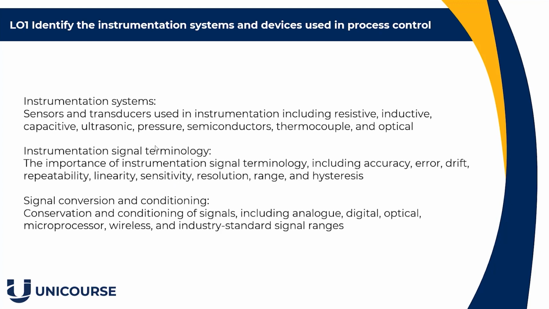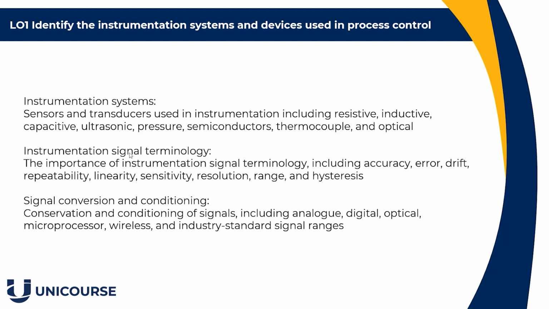Now, to get these systems monitoring, we have to use sensors and transducers. We'll look at these in a bit more detail, and these play a key part in the instrumentation. We have things like resistive, inductive, capacitive, ultrasonic, pressure, semiconductors, thermocouple and optical devices, and these all can detect something or measure something that needs to be changed, that we need to then manage in the system.